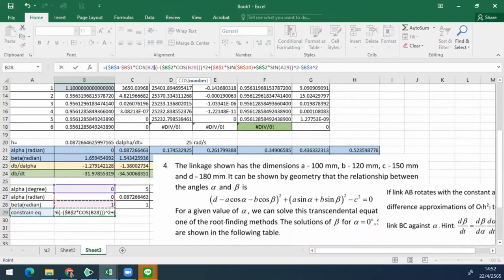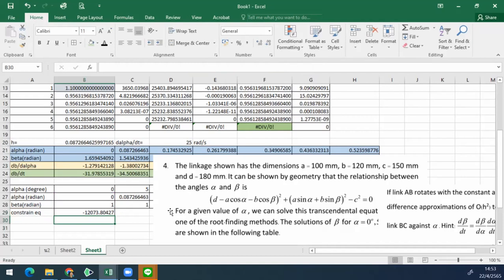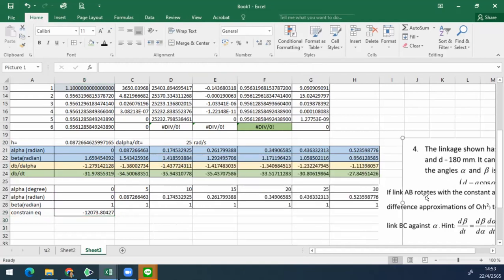Sorry, alpha should be like this, sine alpha. So sine beta, right?